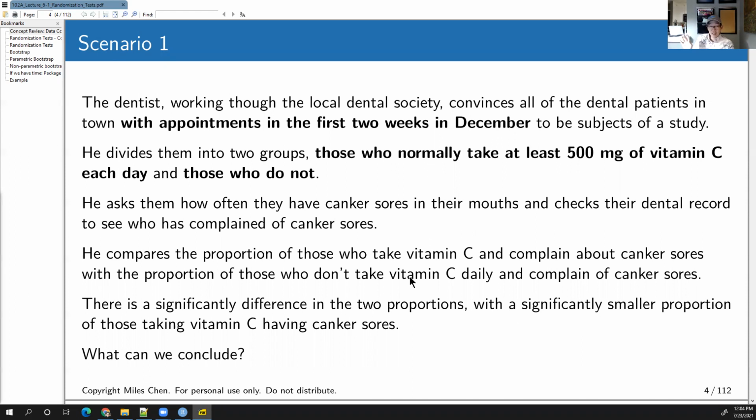And he finds that there's a difference in the 2 proportions, where there's a significantly smaller proportion having canker sores among those who take vitamin C. So what kind of conclusion can we make?